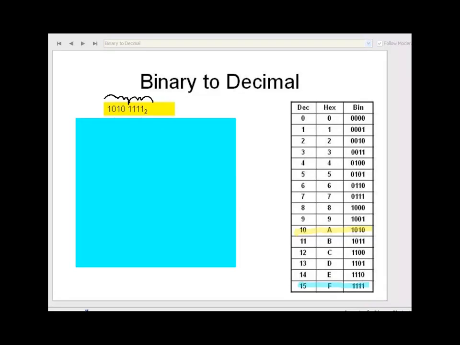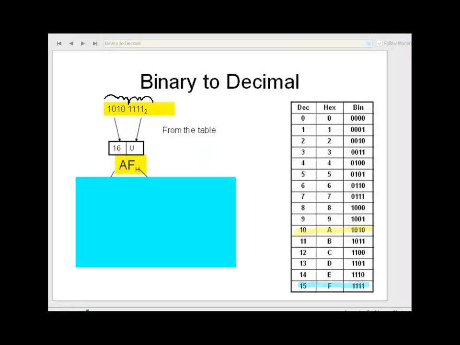So I go to the table and look these up, and I find that 1010 is A, and 1111 is F. I've put a little reminder on top that the first column is units, and the second column is sixteenths.